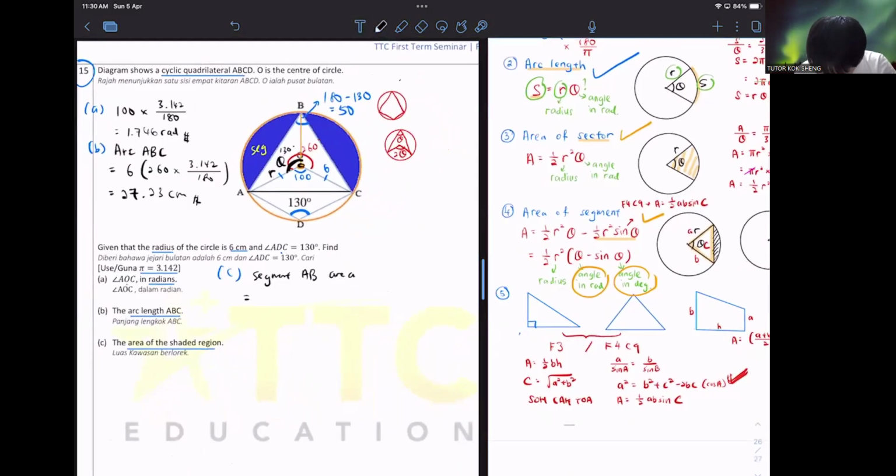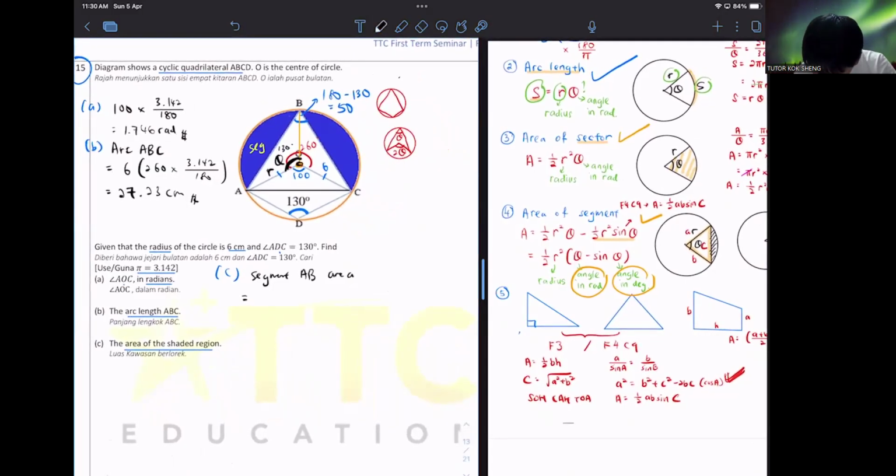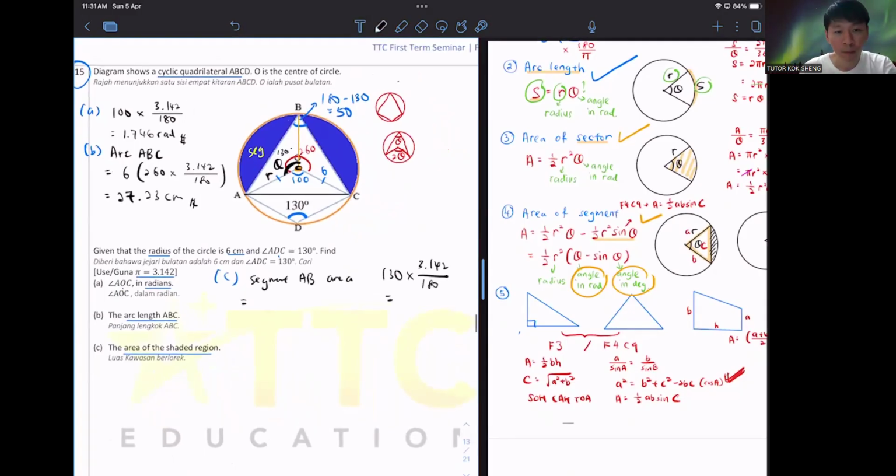So before I start the area, I convert the degree first. 130 degree times pi over 180, 3.142 over 180, is 2.269 radian.